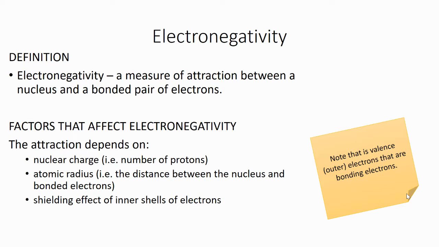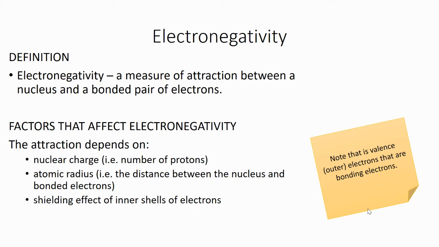So what affects electronegativity? This attraction between the nucleus and a bonded pair of electrons is affected by, firstly, the nuclear charge. If an atom has a larger atomic number, that means it's got more protons and it will have a stronger nuclear charge. It will also be affected by the atomic radius.